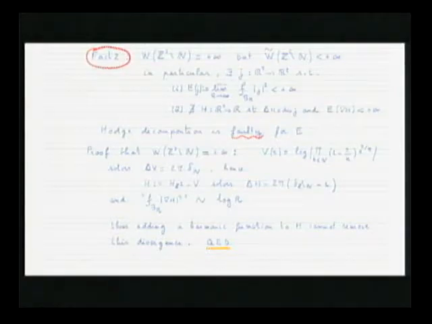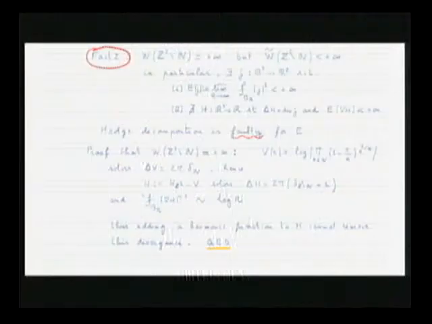Apparently I was lying, because if you remove a half line, it should be better than removing a whole line. Well, that's not the case. That makes the energy infinite. But if you take W tilde, it remains finite. So you get two surprising things. First of all, that removing a half line is worse for W than removing a whole line.